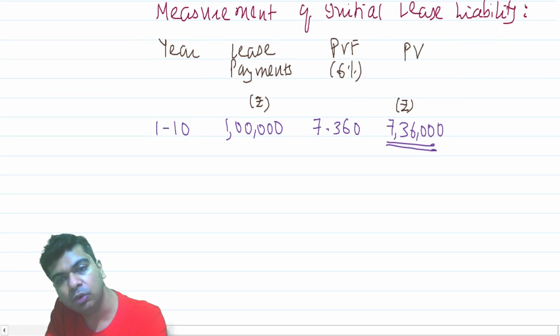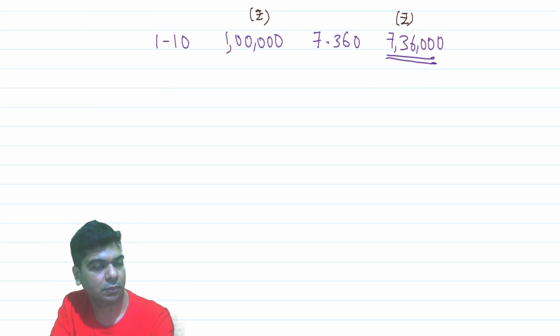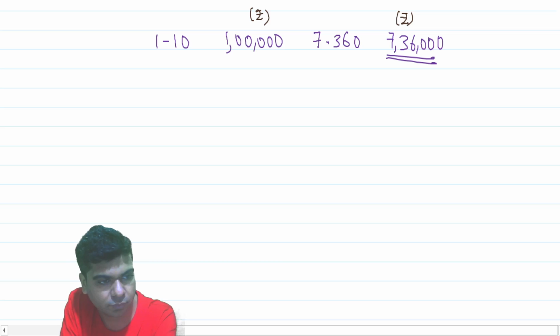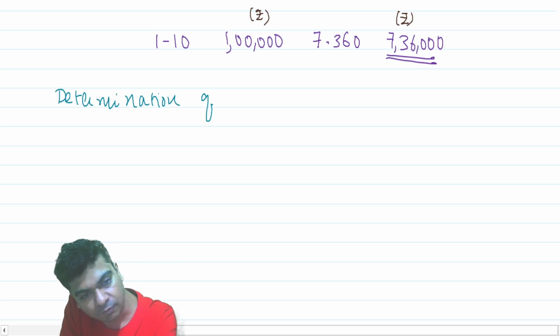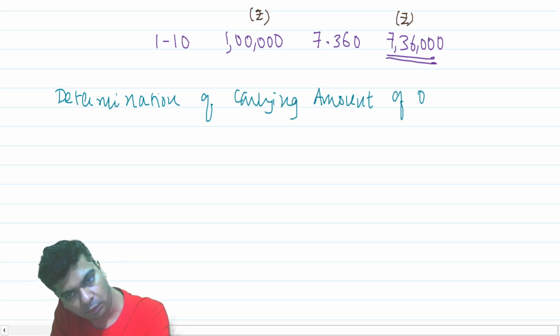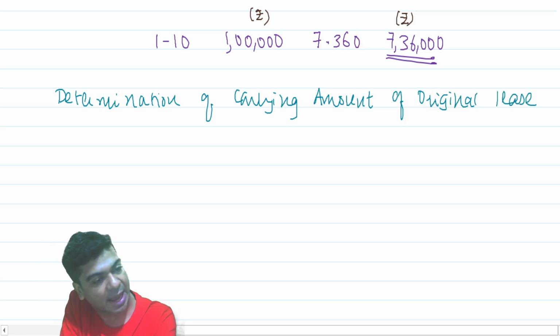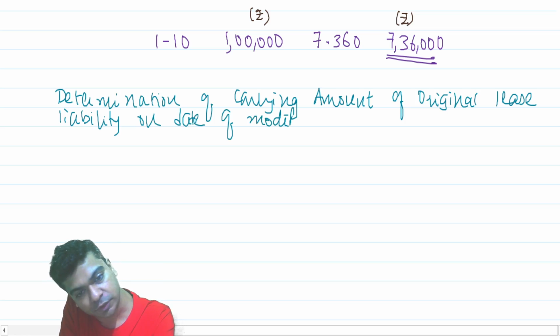So let's get the carrying amount of the original lease liability. Determination of carrying amount of original lease liability on date of modification.